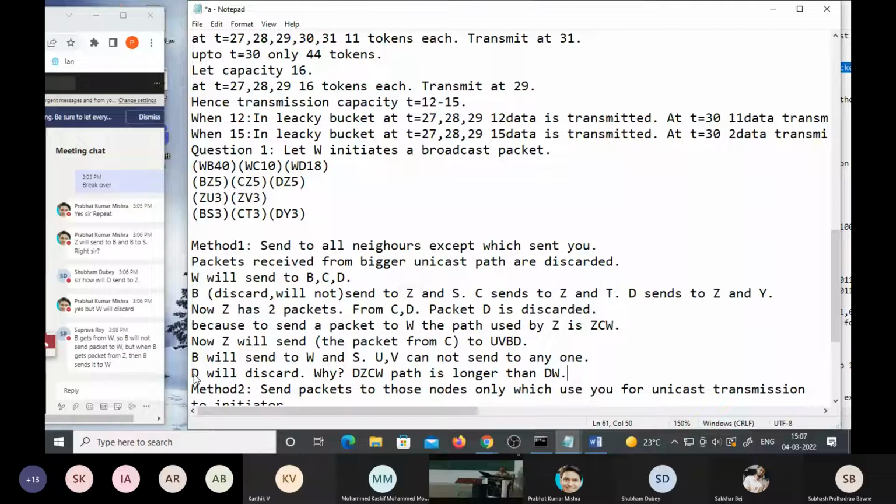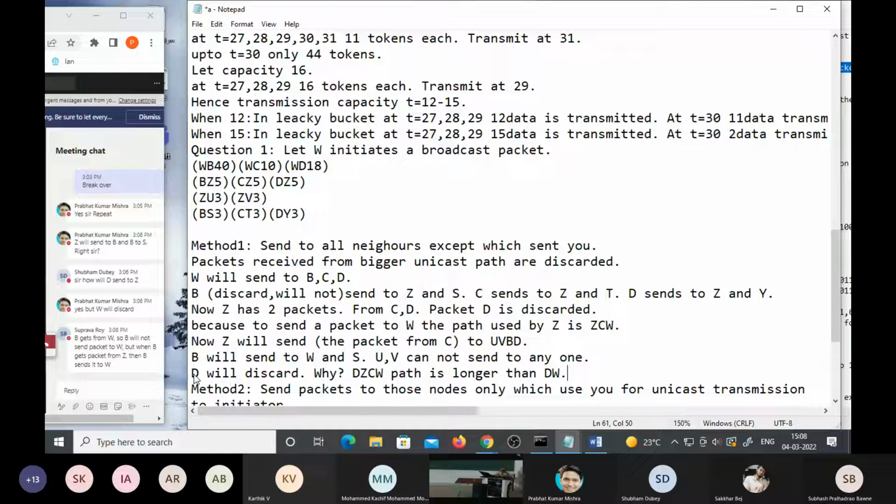You see, Roy, you are wrong. B gets the packet from W also and Z also. The packet which B gets from Z will be sent to W. That is correct. Fully correct.